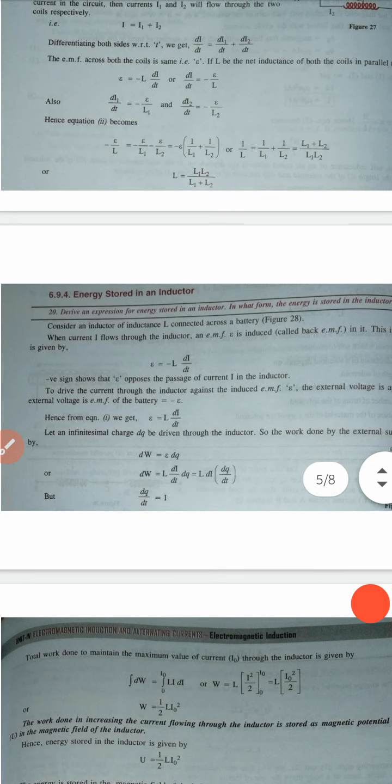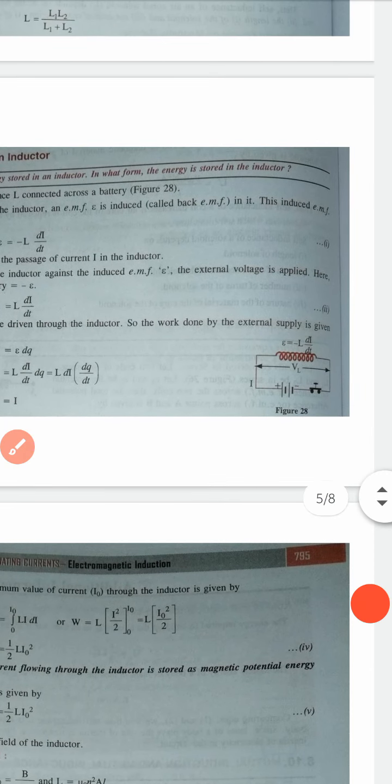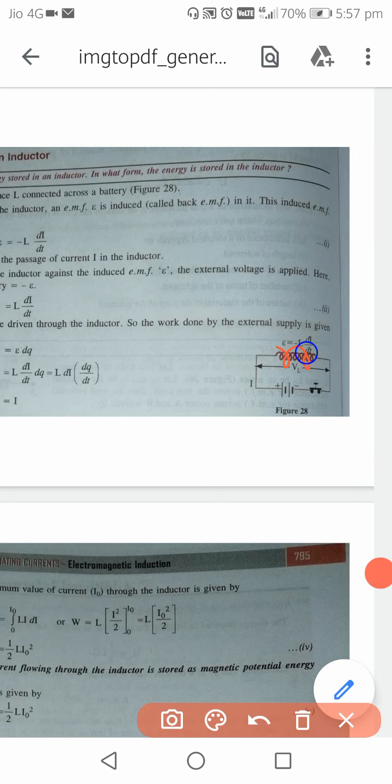This one, energy stored in an inductor. Energy stored in an inductor means, suppose we have this coil and current is developing in the coil, so there will be an induced EMF, and we know induced EMF will oppose the development of current in the circuit.